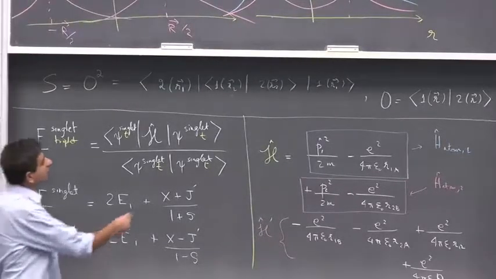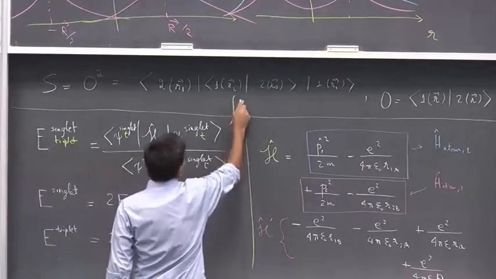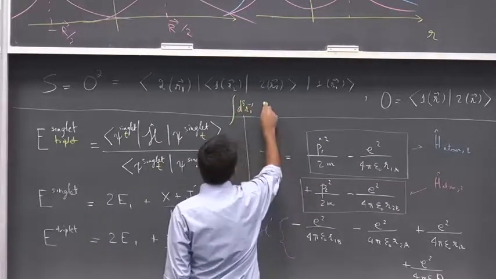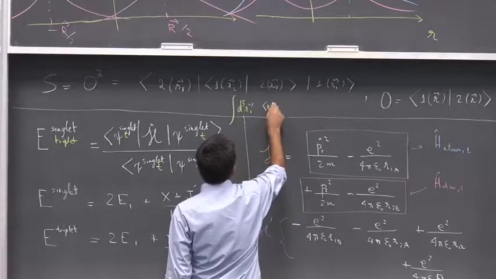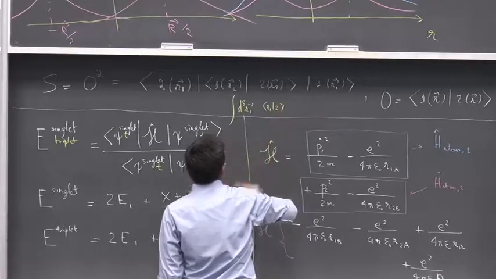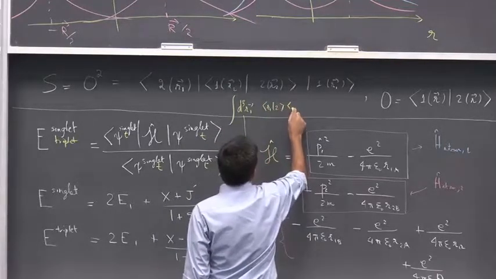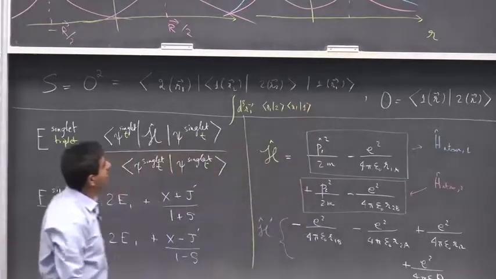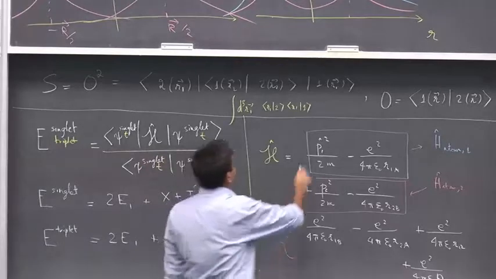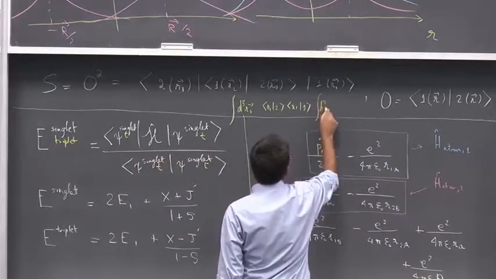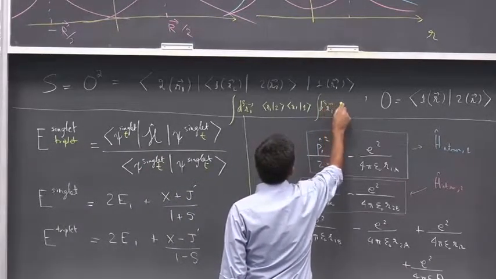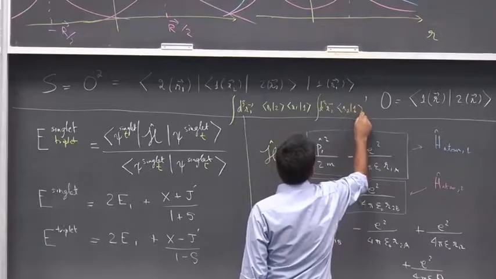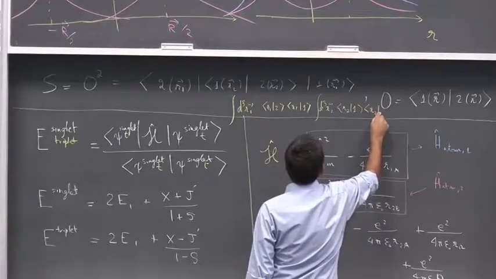Remember, if you would like to compute this integral, this is d cube r1, psi 1 of r1, psi 2 of r1, d cube r2, psi 1 of r2, psi 2 of r2.